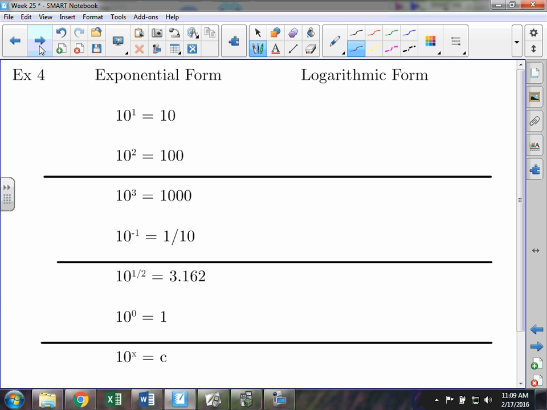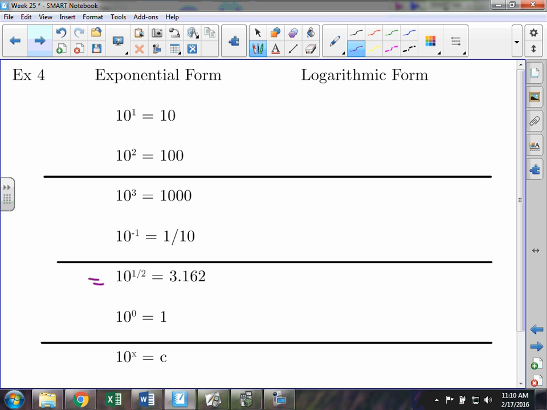Well, let's start by looking at a couple of facts. 10 to the first power is equal to 10. 10 squared is equal to 100. 10 cubed is equal to 1,000. 10 to the negative 1. We know negative exponent means 1 over, so 1 over 10. 10 to the 1/2 power.